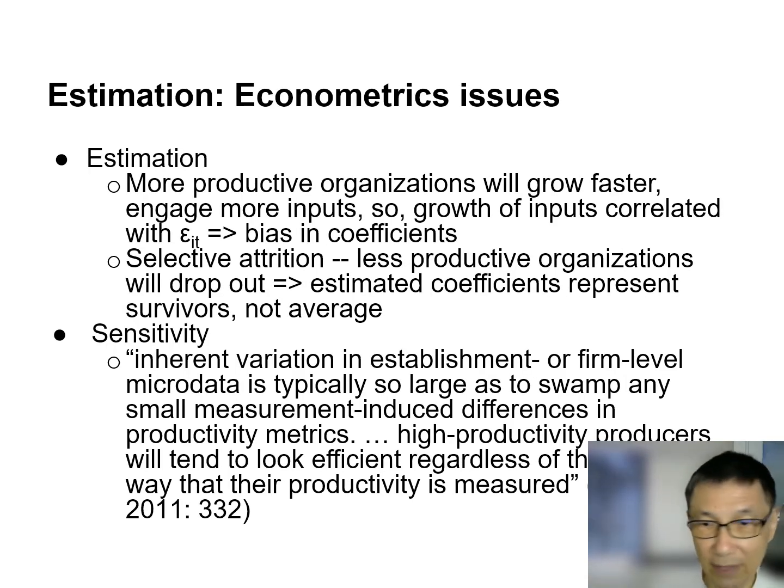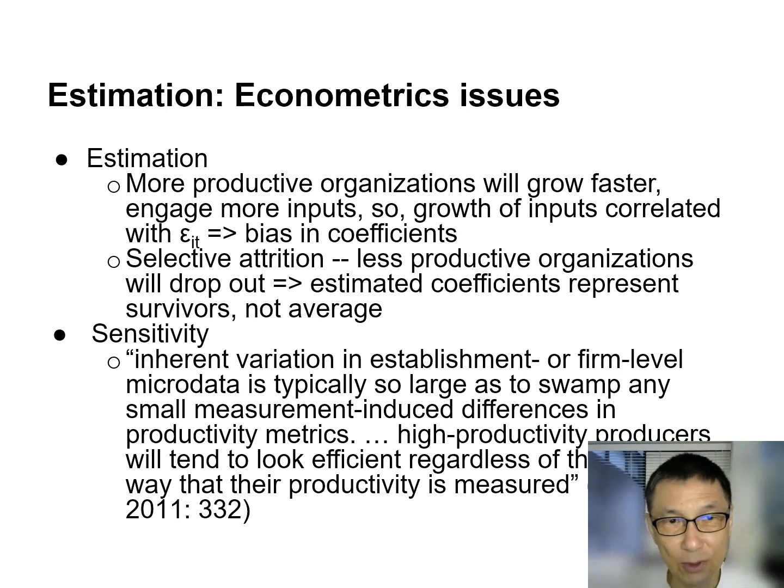In the Journal of Economic Literature survey 2011 by Chad Syverson, he mentions two more specific issues related to estimation, which are more subtle. One is that more productive organizations will grow faster, they will buy more inputs.